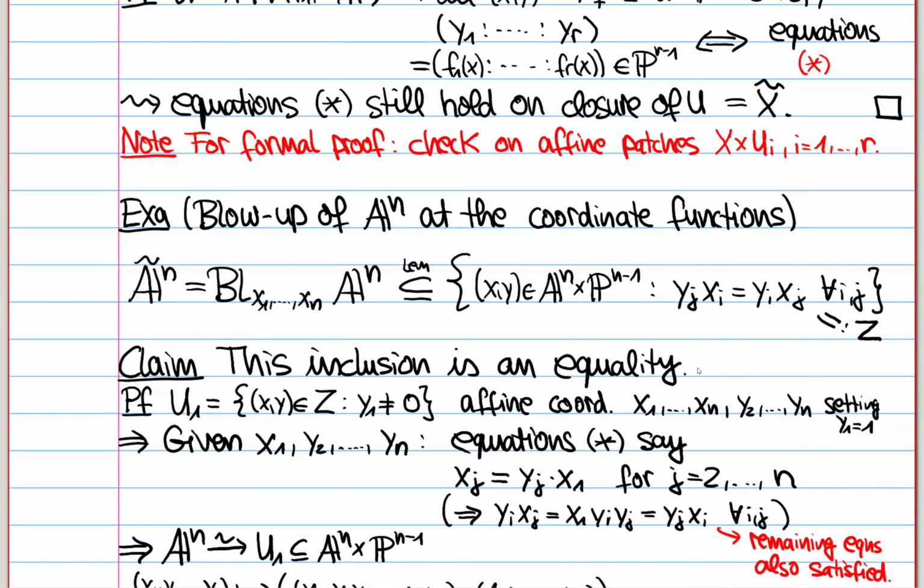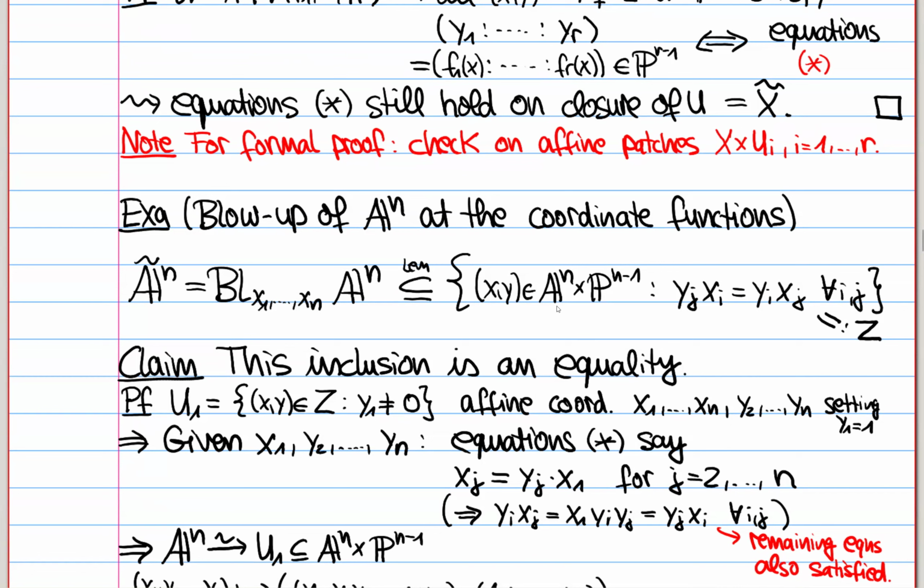And to do this now, we do what I proposed above, namely we go to one of the affine patches. So let's look at just a single one. The others work similarly. This U_1 is now the set of points in Z, so we're going to really look at Z for now, of points where y_1 is non-zero.